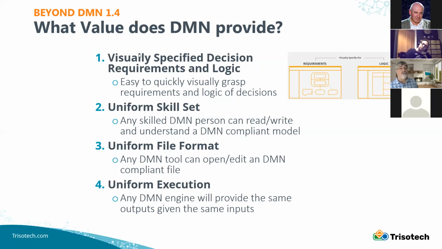So those are certainly what I consider the 4 value contributions of DMN. Now, you may not be interested in all 4 of them, and that's okay, but DMN does provide all 4.